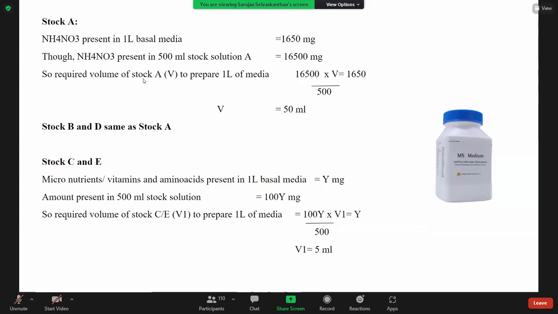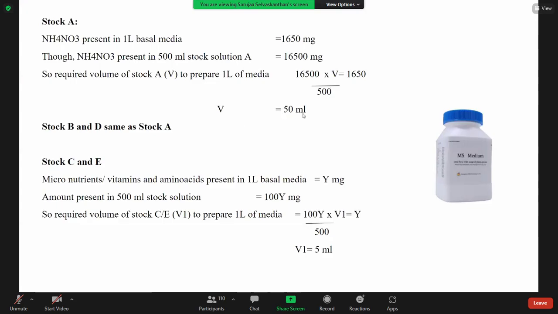This 500 milliliter contains 16,500. So to get 1650 milligram, what is the volume we have to pipette out? This is the volume we have to pipette out. When we calculate this, we get V as 50 milliliter.